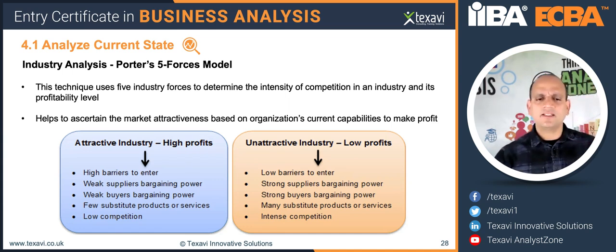So these are the factors or parameters we need to consider when deciding which industry to enter, what kind of markets are attractive for us. And the opposite is the unattractive industry. Whatever we discussed is the opposite, because we don't have much profitability there.